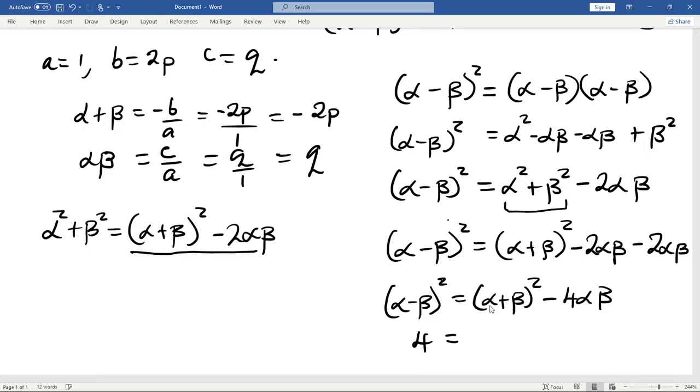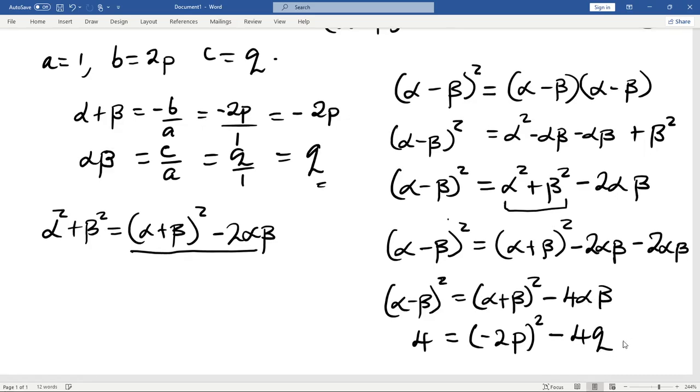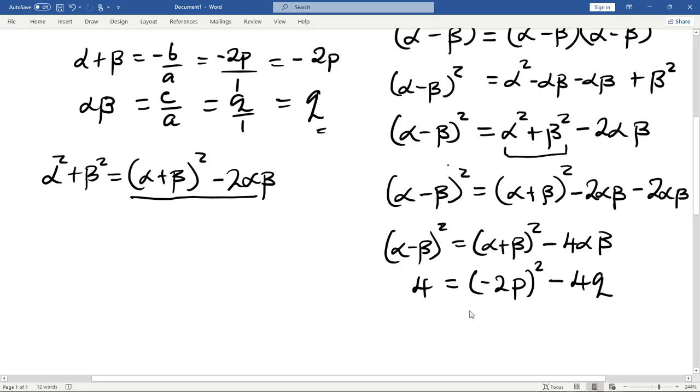So 4 is equal to alpha plus beta squared, which is negative 2p squared, minus 4 alpha beta, and we substitute q for alpha beta, so 4q. The expression becomes 4 is equal to negative 2p squared, which gives 4p squared, minus 4q.